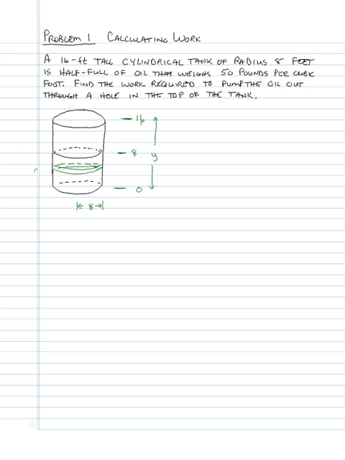The height of that slice, if you will, is dy. And if you look at that slice of oil, that's actually a real short cylinder, isn't it? So let's talk about the volume of that cylinder, the volume of the slice.